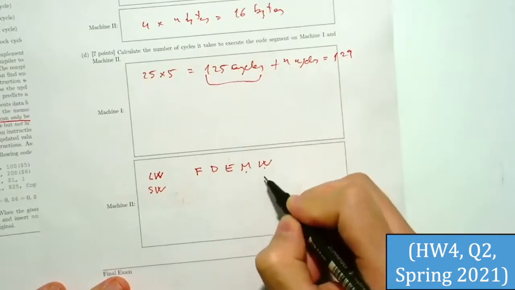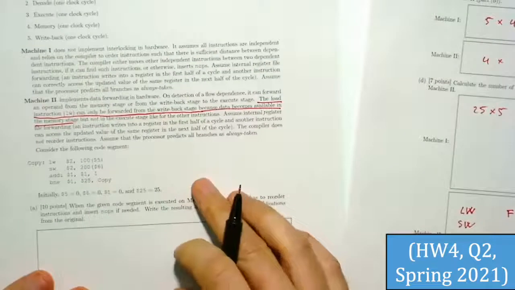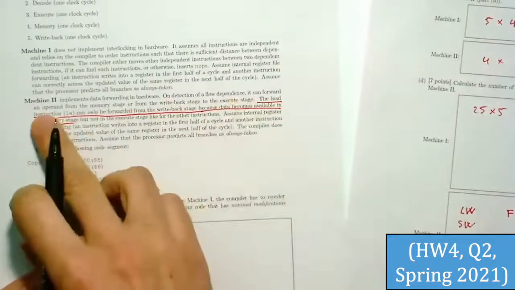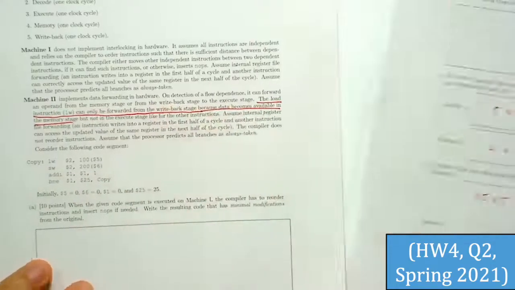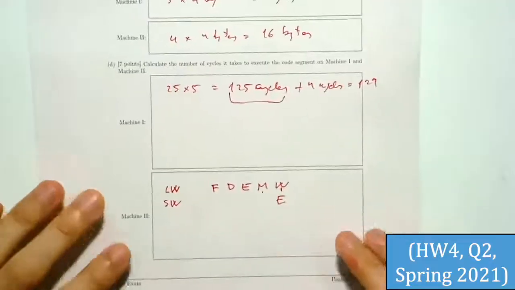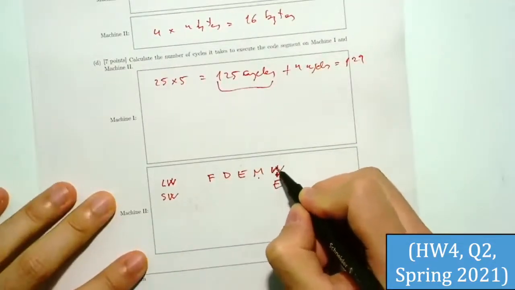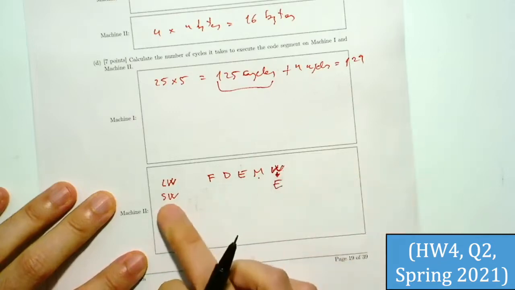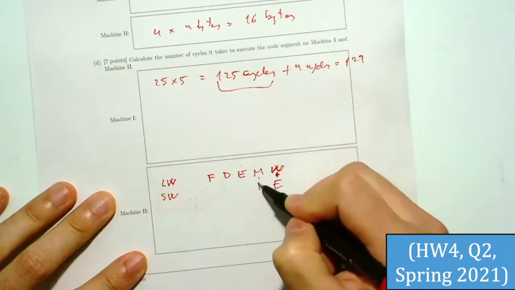So from here, we can forward this data to the execution stage. So it's specified here, right? The forward from the memory or write back stage to the execute stage. So this data can be forwarded from the write back stage to the execution stage directly, right? So we have this here.